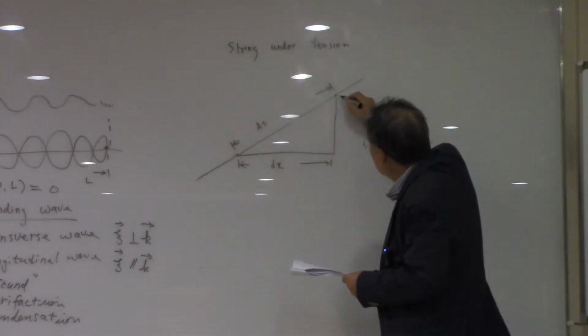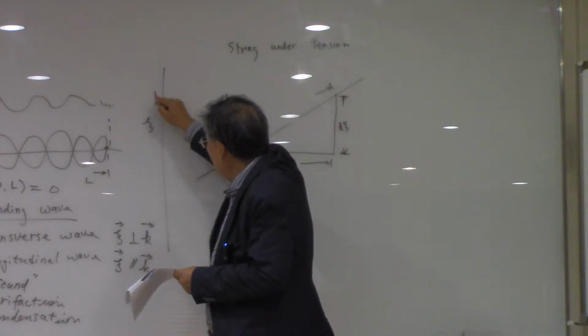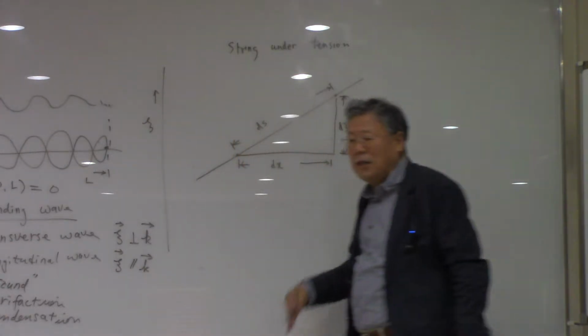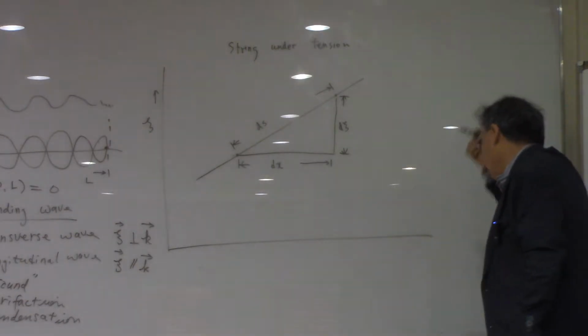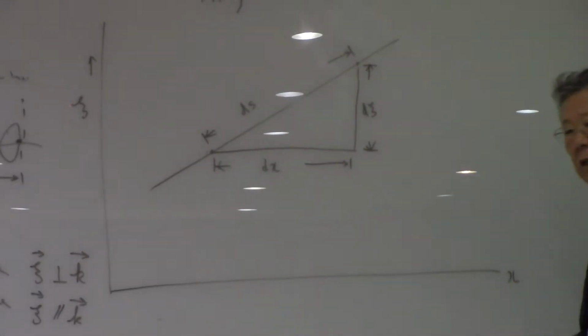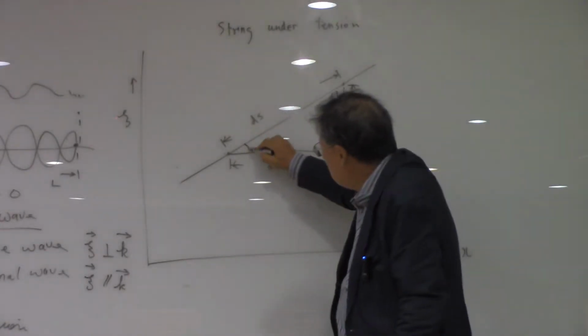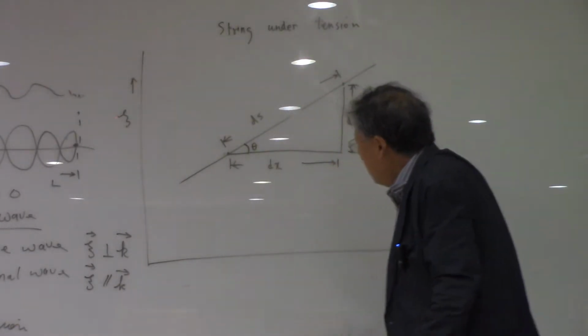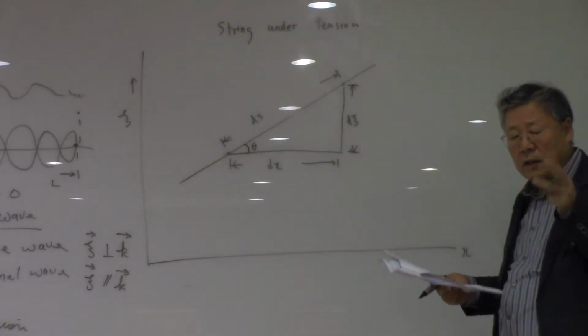And the distance from here to here is going to be psi, because this y-axis is going to be the displacement of the particle, and the x-axis is going to be x, the physical dimension. So in this system, we set this theta.